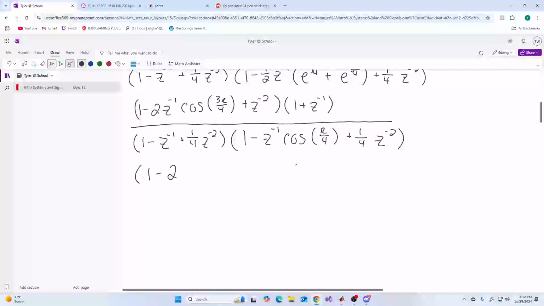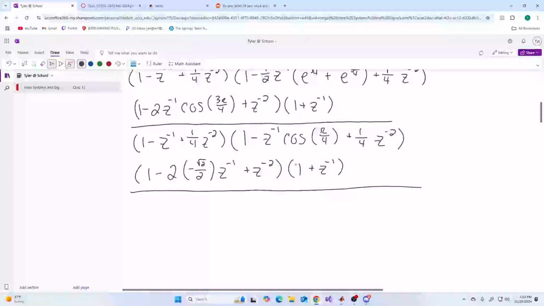Well, the cosine of 3 pi divided by 4 is negative root 2 divided by 2, z to the negative 1 plus z to the power of negative 2, 1 plus z to the negative 1, all over 1 minus z to the negative 1 plus 1/4 z to the negative 2, 1 minus, well, the cosine of pi divided by 4 is root 2 over 2, so I'm just going to write that, root 2 over 2, z to the negative 1 plus 1/4 z to the negative 2.